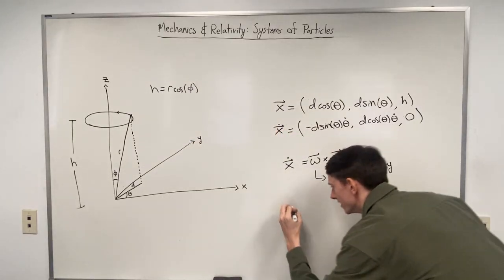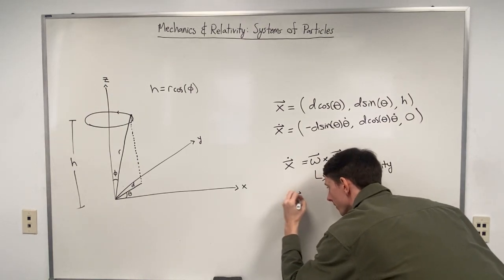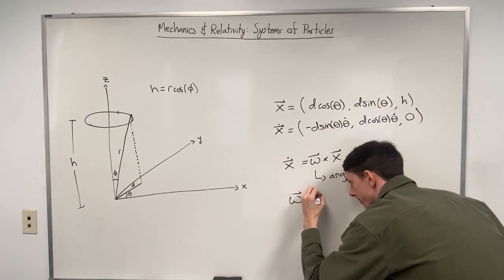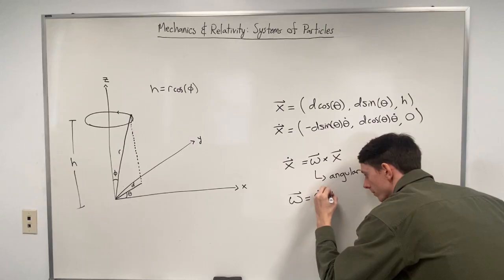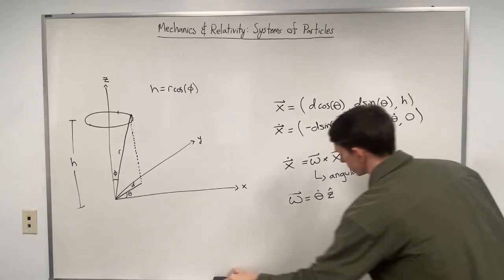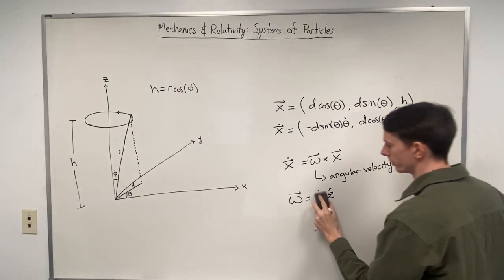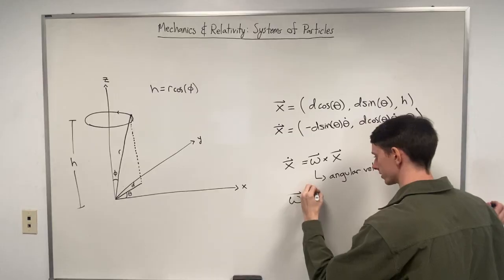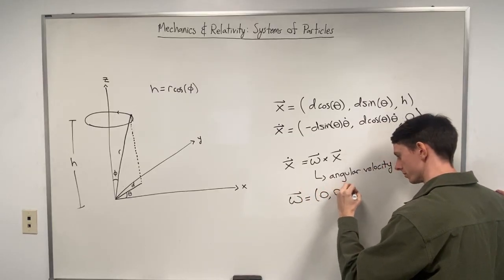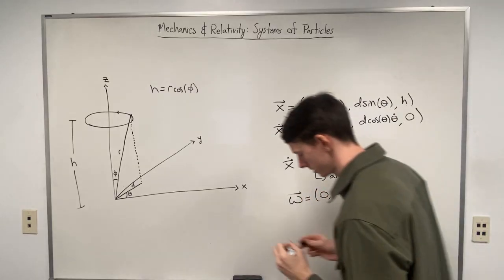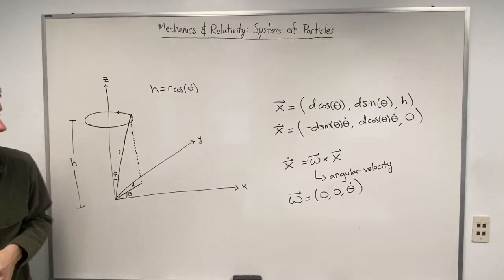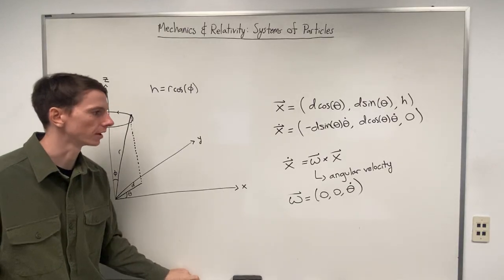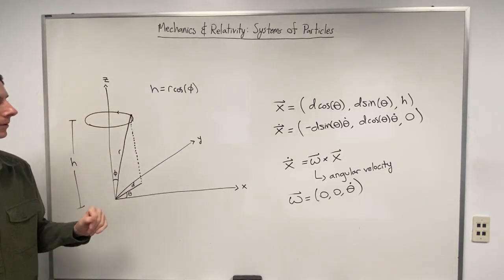Omega, as a vector, is going to equal theta dot in the z hat direction. Or if I write it out in component form, omega is going to equal 0, 0, theta dot. Okay. So this is the angular velocity of this particle right here.